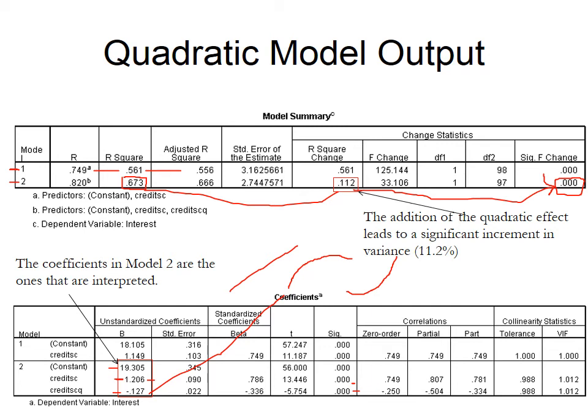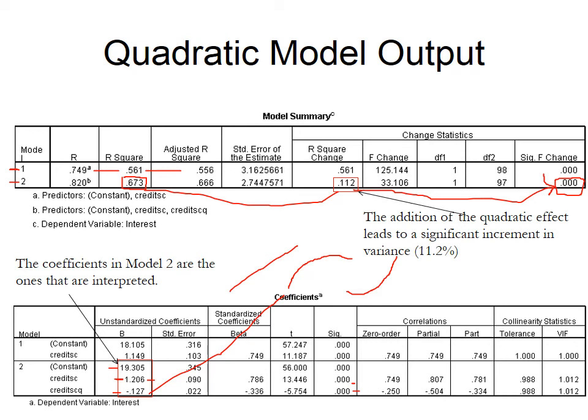1.206 is positive, meaning in general, we're going to have some curve that's going up the whole time. This is negative, meaning that our curve is going to have a downward bend. So it starts off fast and then slows down as we go. So that negative tells us what our curve is going to look like.